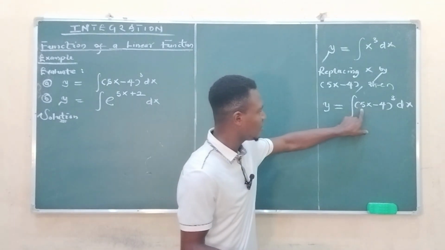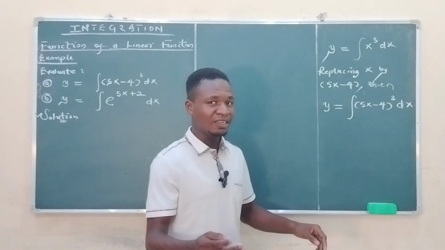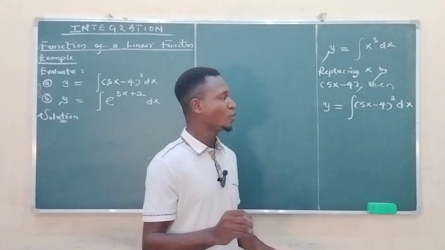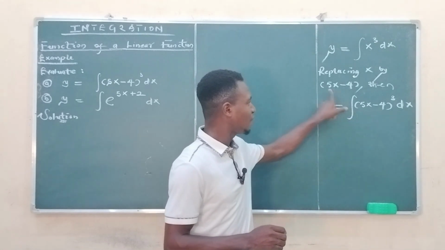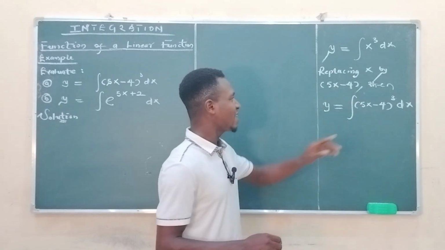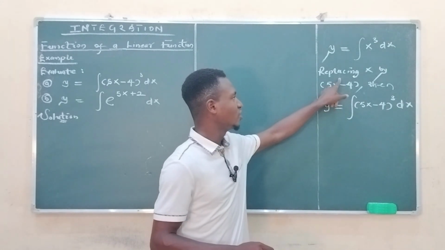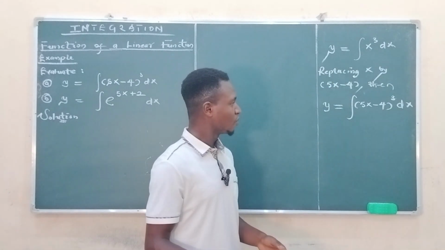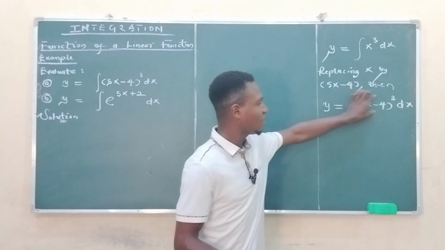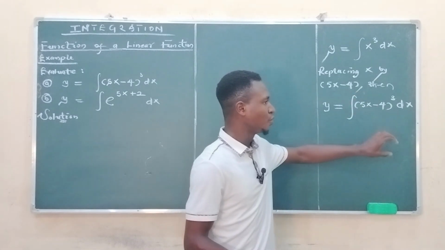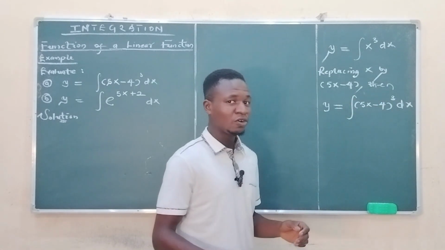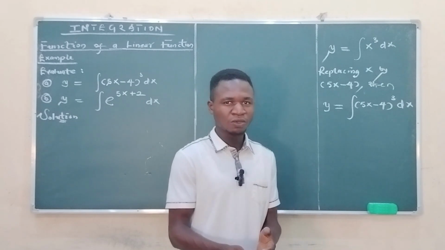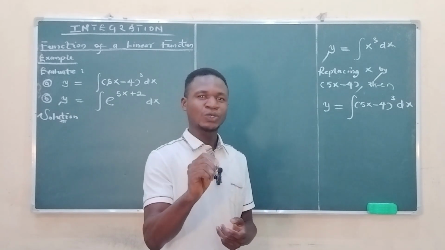Since 5x minus 4 is a linear function, what makes it a linear function? It is a linear function because if you look at 5x minus 4, the highest power of x here is just 1. So in this case, we have 5x minus 4, a linear function, raised to the power of 3. To evaluate this, we carry out a simple substitution by saying, hey, you linear function, come out.